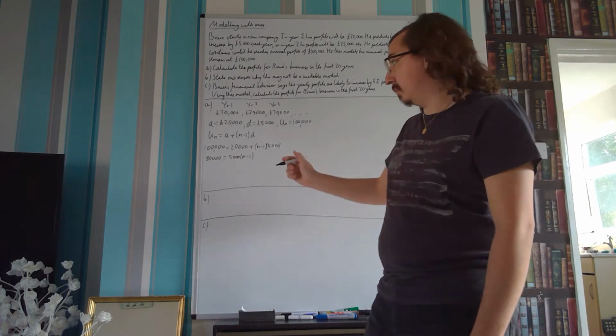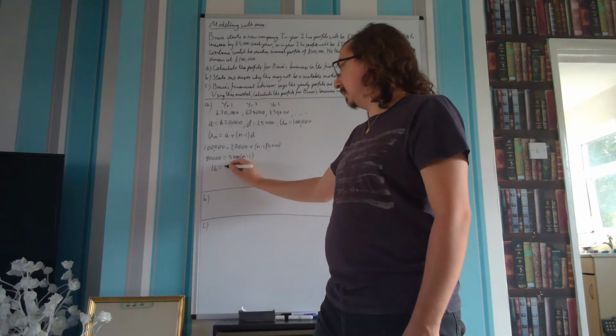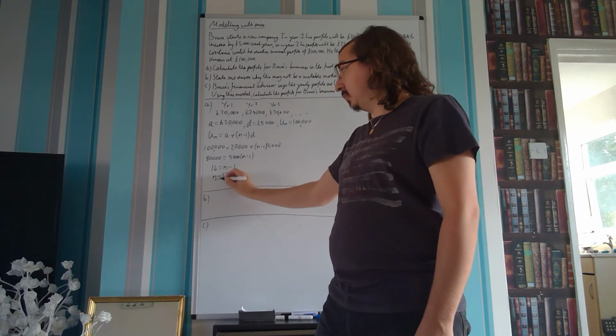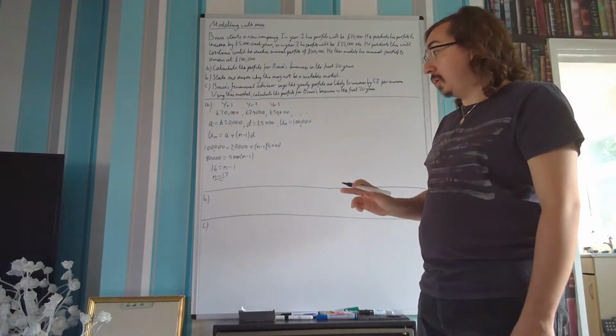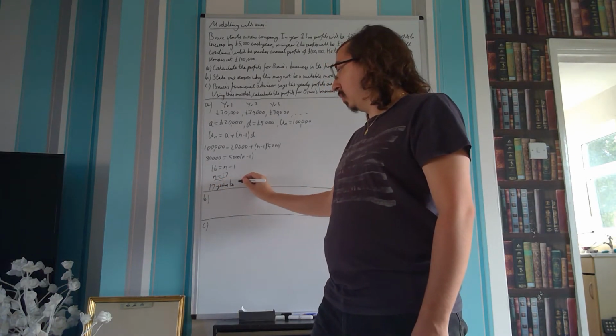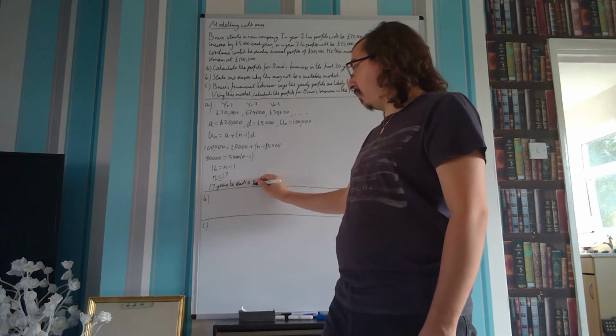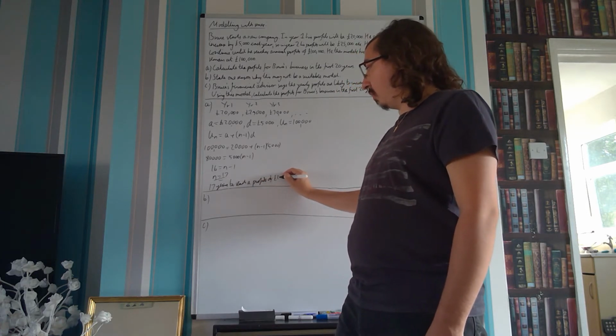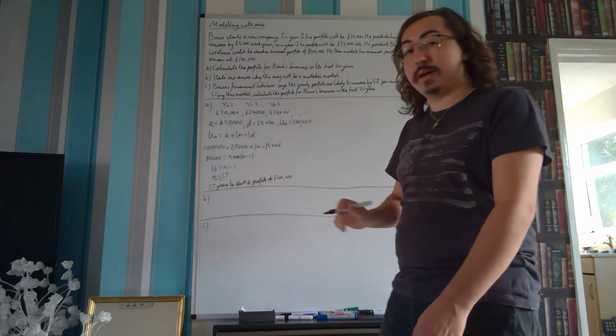Divide by 5,000 and you've got 16 is equal to n minus 1. So n must be equal to 17. In other words, it's going to take 17 years to reach a profit of 100,000.